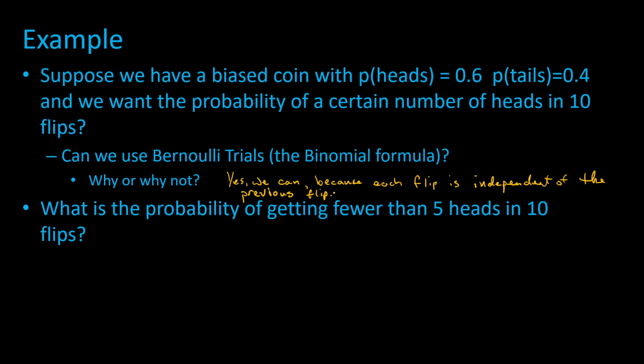In other words, the fact that I flip a head the first time doesn't affect whether I flip a head or a tail the next time. So each flip of the coin is completely independent of something else. So the question is, what is the probability of getting fewer than 5 heads?